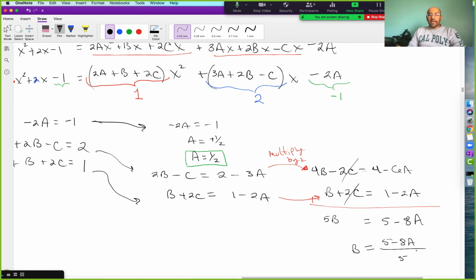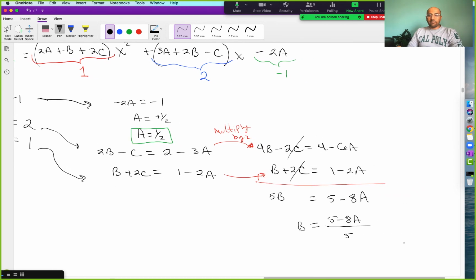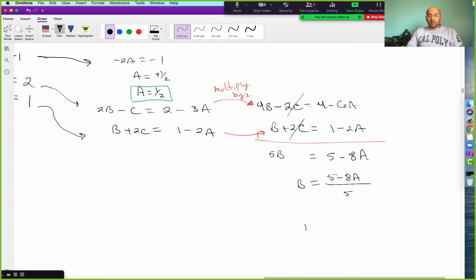And luckily, a is a simple value of a half, so that makes it easy. So b is equal to 5 minus 8 times a half over 5. Let's stick that half in here. So b is going to be equal to 5 minus 4 over 5, which equals 1/5.